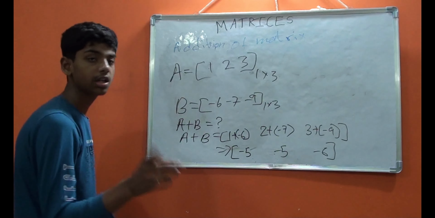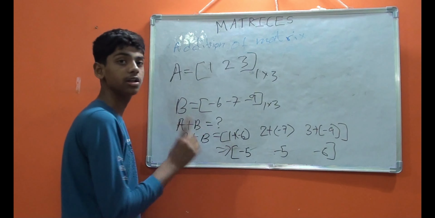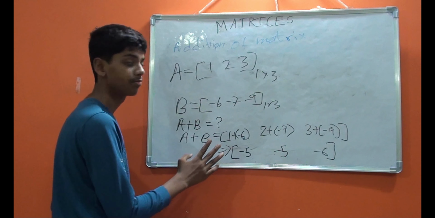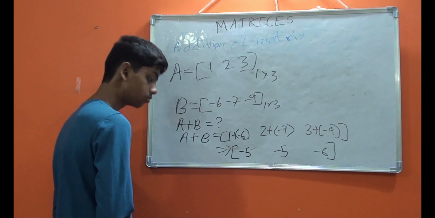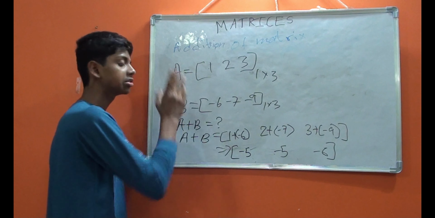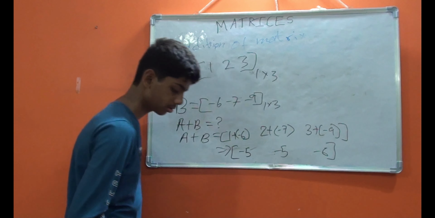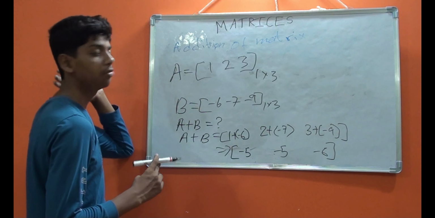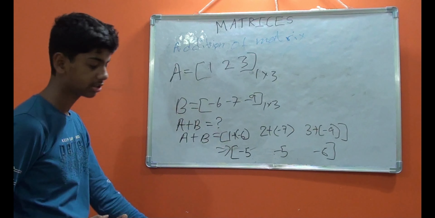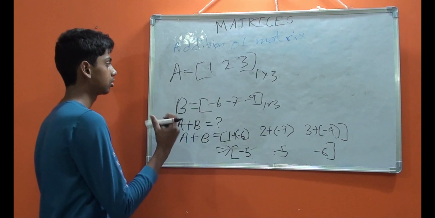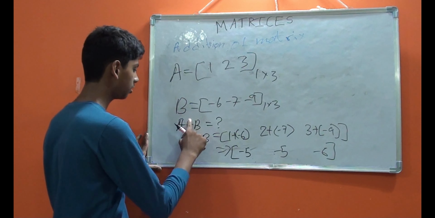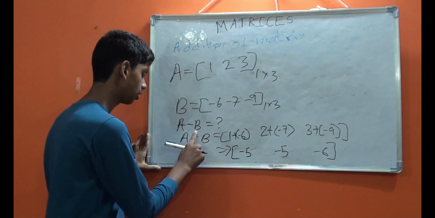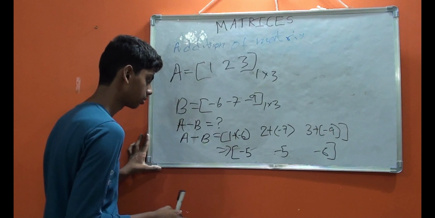By the way, you can only add the matrices which have the same order, which means that they must have the same number of rows and columns. In the same way we also do the subtraction of matrices. So instead of plus, they give minus.